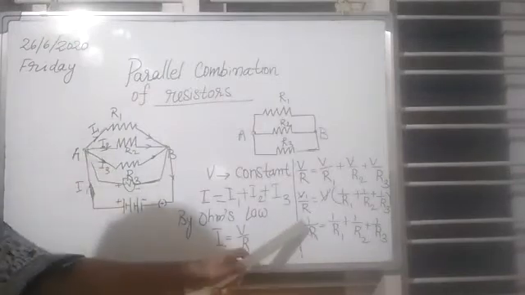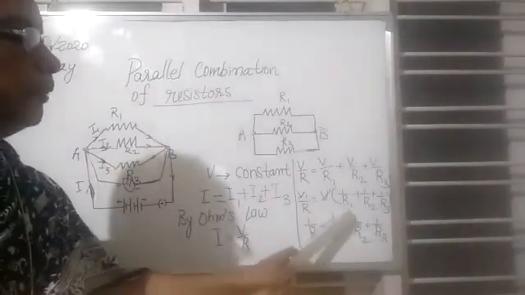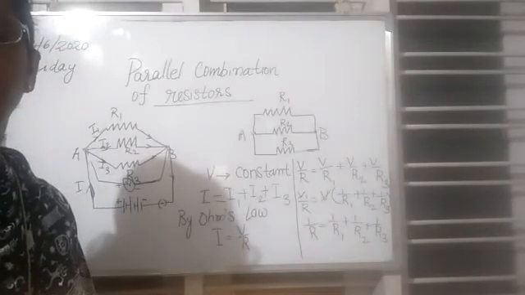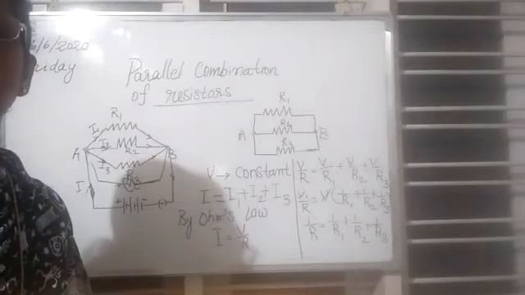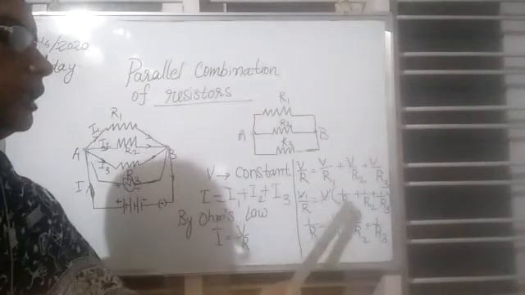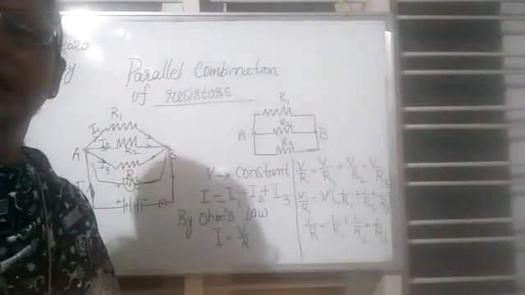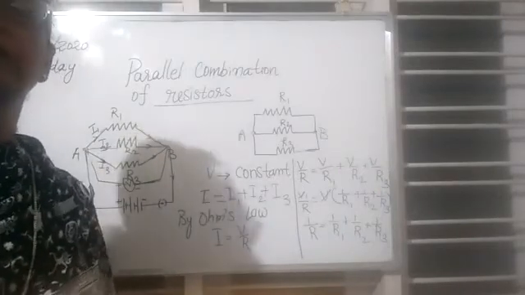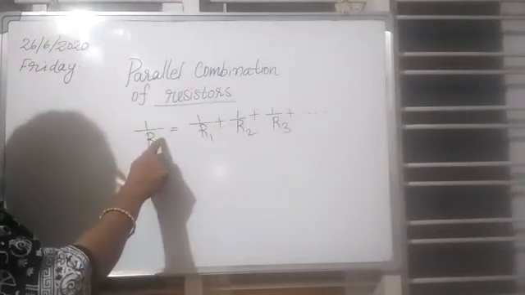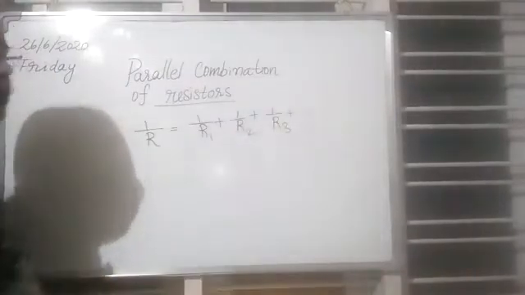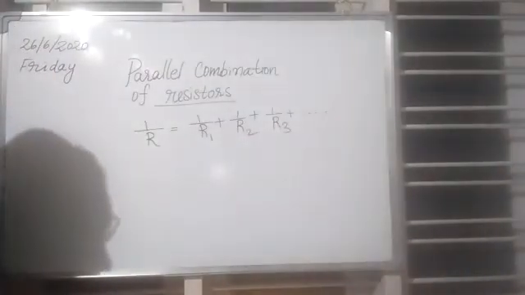The reciprocal of effective resistance is equal to the sum of the reciprocals of individual resistances in the case of parallel combination. Now we got the formula.